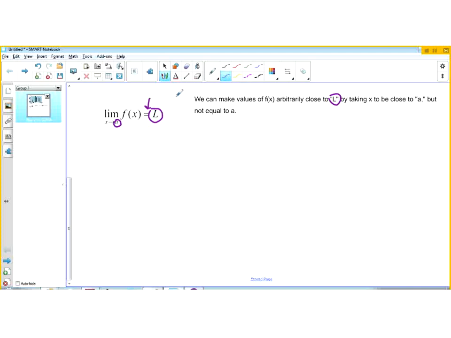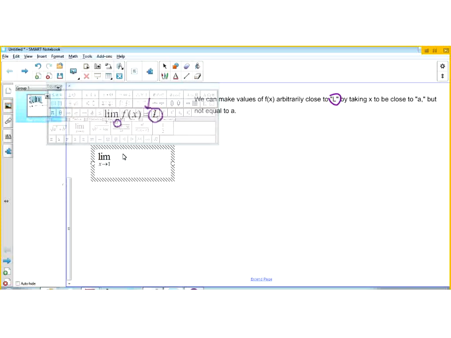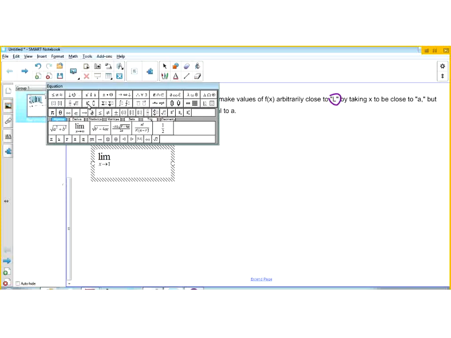All right, so we can do a fair number of examples like this. So for instance, let's consider this problem. The limit as x approaches, say, 1 for a rational function, say x minus 1 divided by x squared minus 1.